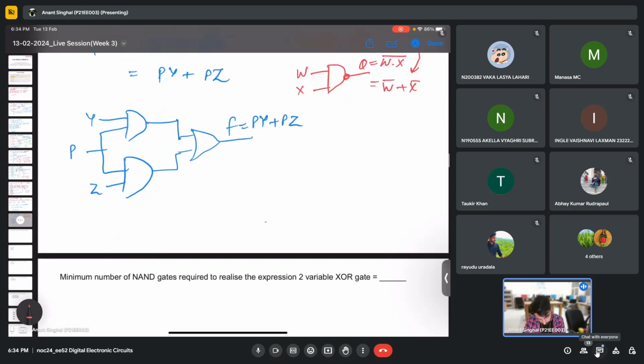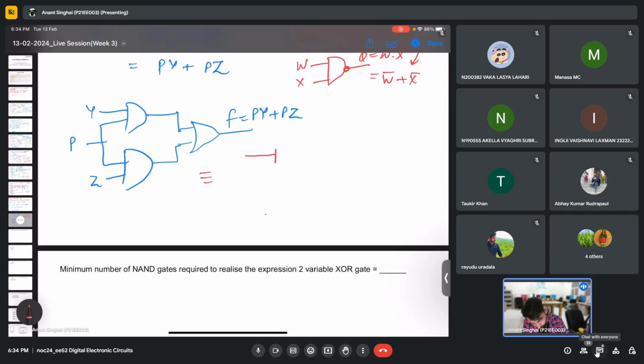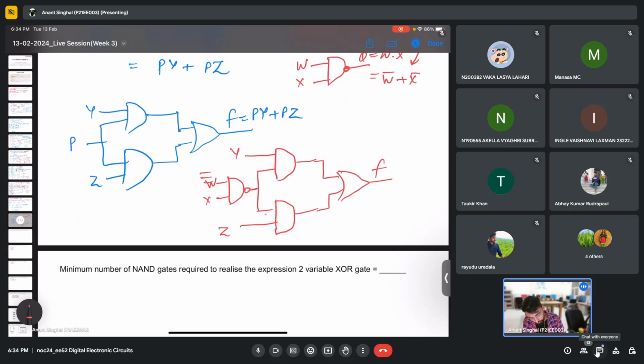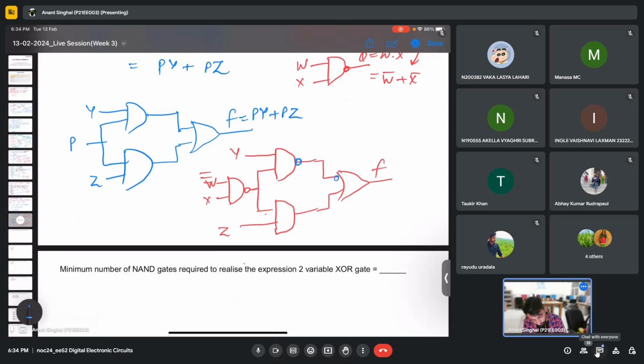So if you now clearly see, please be attentive, I'm again making the same circuit. This is y, this is z, and instead of using p directly, I'm using w and x with a NAND gate, and then I'm again making the same circuit above. Let's say this is f, and again doing the bubble thing. This will be bubble.